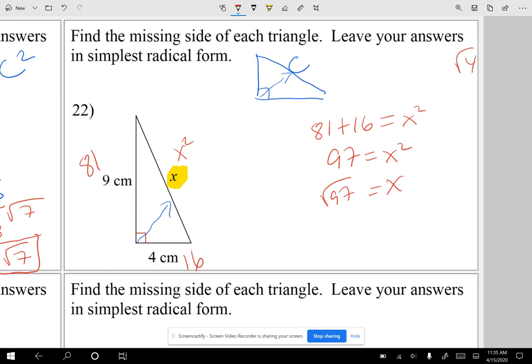My perfect square roots are 4, 9, 16, 25, 36, 49, on and on. 97, could I divide this by any of these numbers? And I cannot. So that's as simple as it can go.